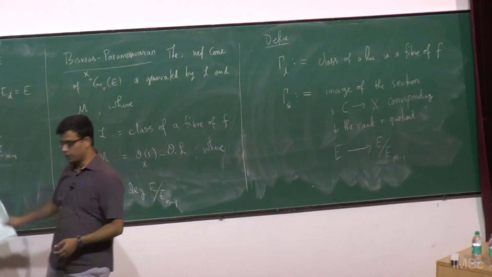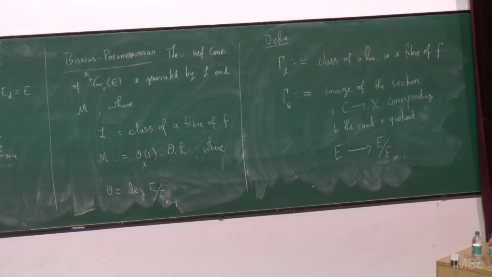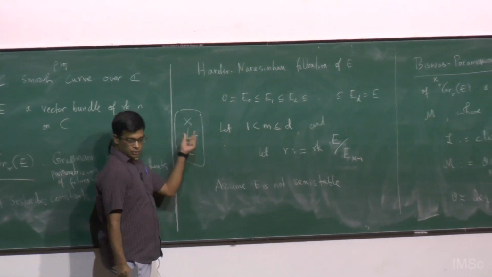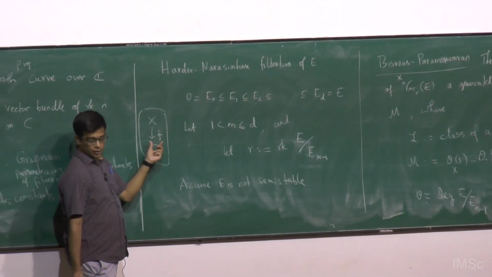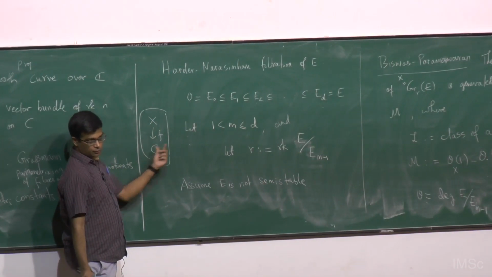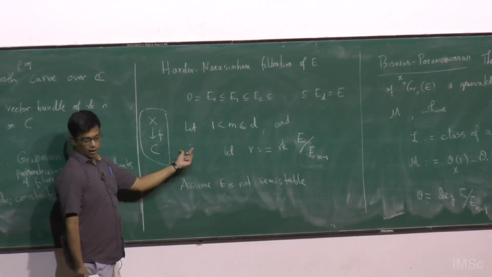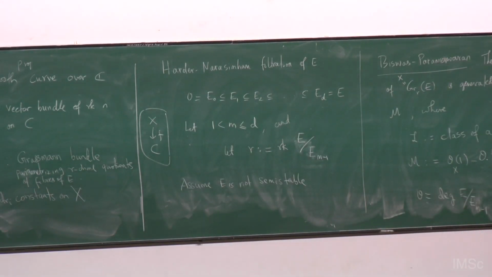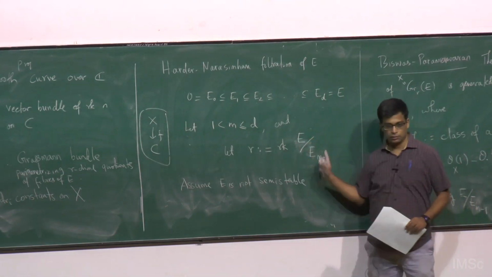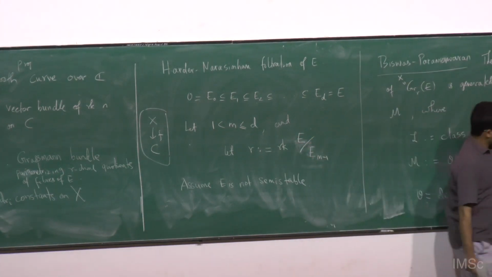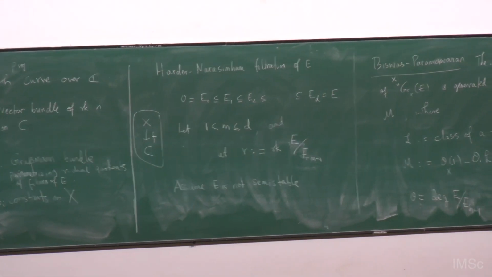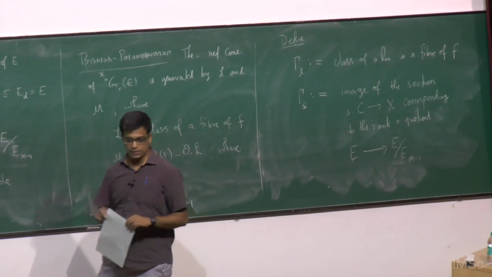The sections of this Grassmann bundle correspond to rank R quotients of the vector bundle E. This is analogous to what happens when you take a projective bundle: their sections come from line quotients. So here there are rank R quotients, and we have a fixed special quotient, E mod E_{m-1}, which is what we have fixed a priori. That particular quotient gives you a section, so that image is a curve, which I am calling gamma_S.